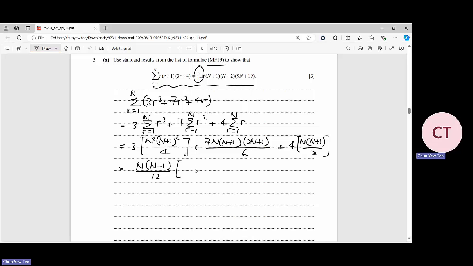Then over here, you get this as 9N(N plus 1). If you take the 1/12 out, you get 14 of (2N plus 1). If you take the 1/12 out, this one is a 24. So if you expand and simplify the last bracket over here, you get 9N squared plus 28 plus 9, 37N plus 38.